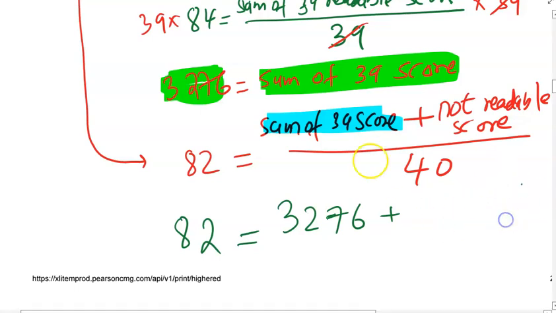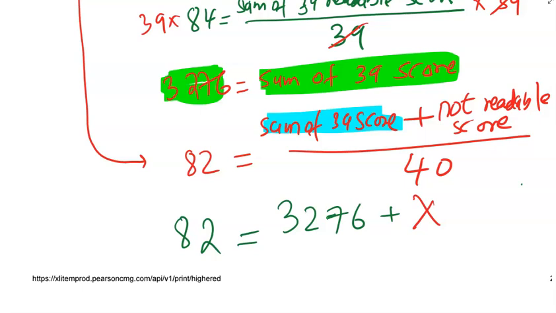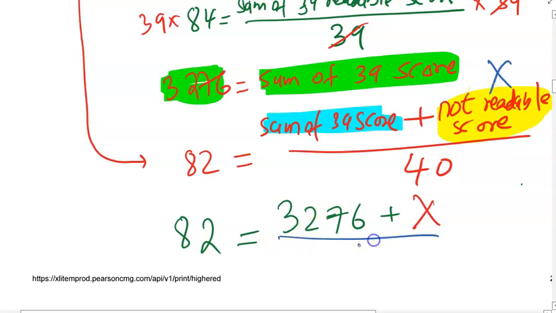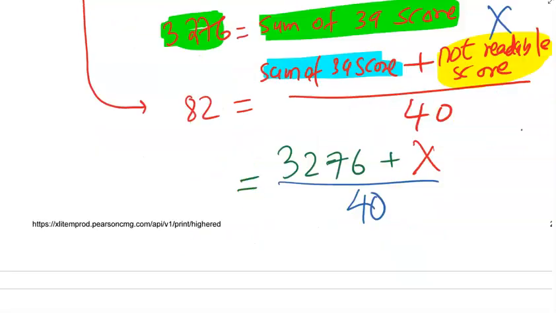It's easy for me. Okay, the not readable score, I put as an X. All right, plus X, divided by 40. That's what 82 equals.